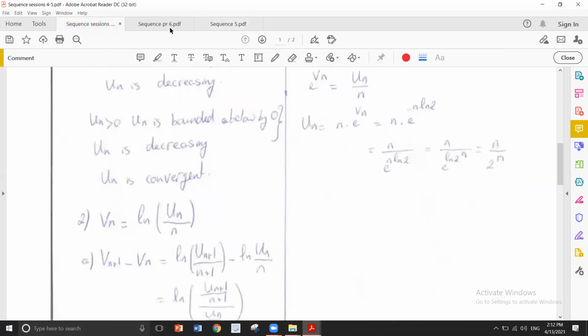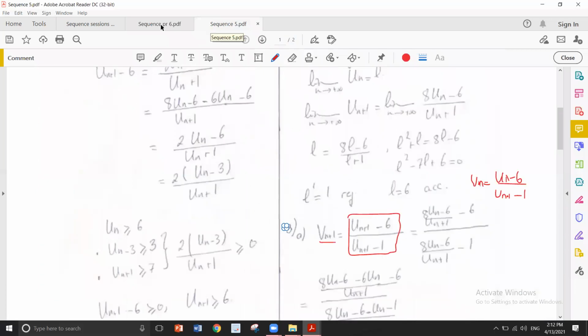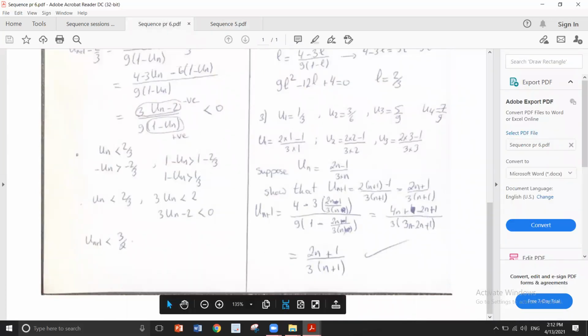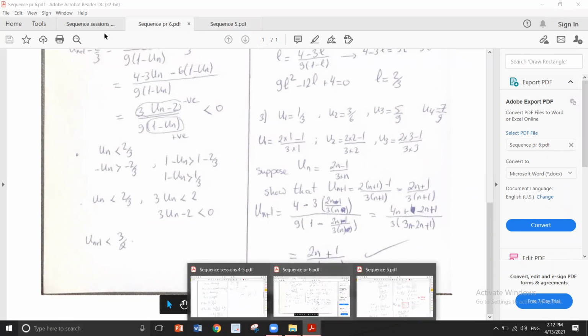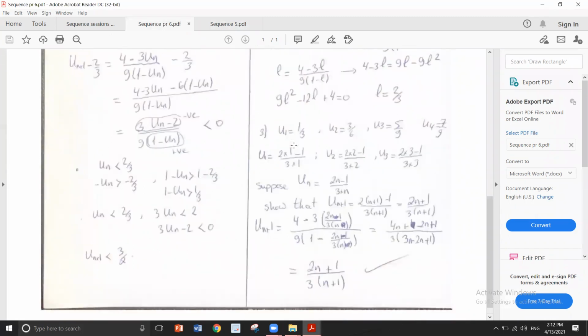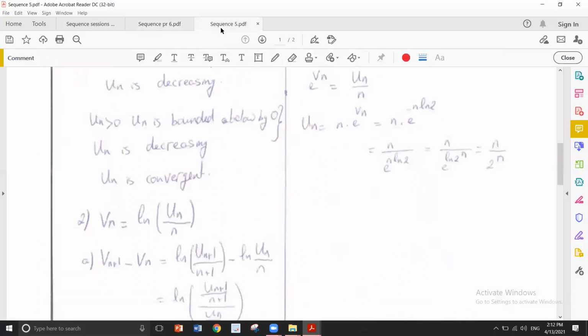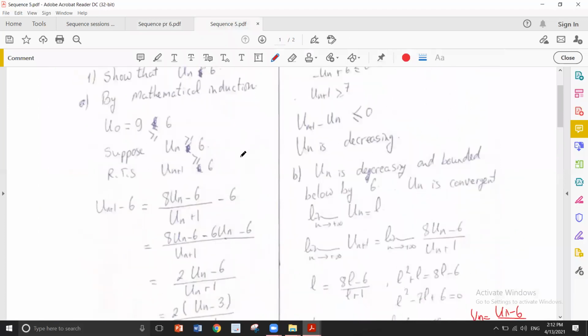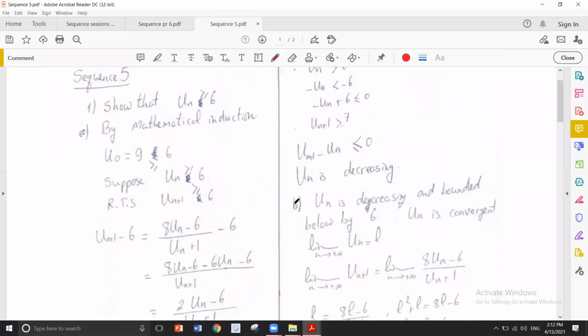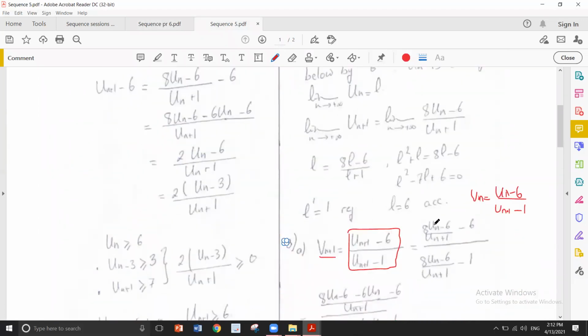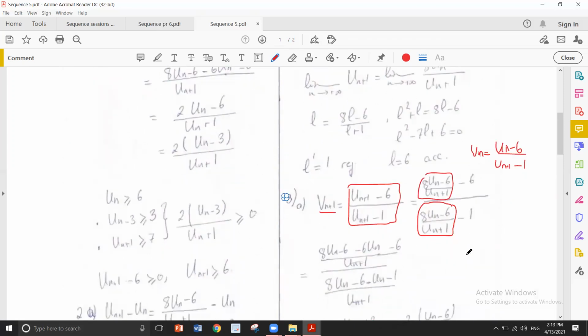هلا نحن بالاكسرسايز given Un plus 1. We replace Un plus 1 by its value, which is 8 Un minus 6 over Un plus 1, minus 6, minus 1.